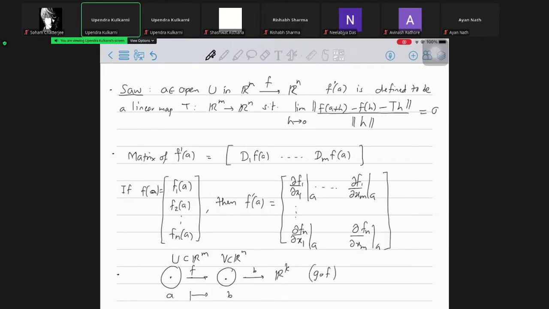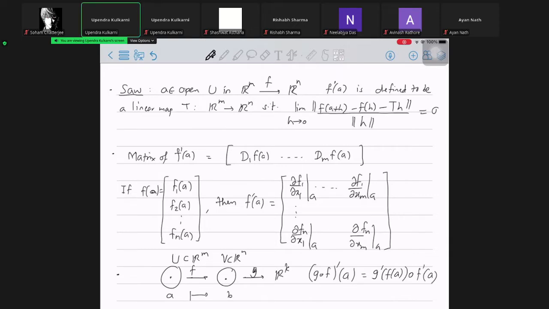I can wonder about its derivative. Sorry, this map is G. What is the derivative of this? Come on. So this is the last piece in our review before we will start with new stuff. So what is the derivative? G dash of f of A composed with f dash of A. Exactly.